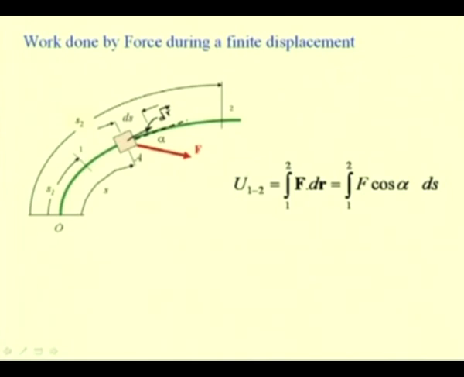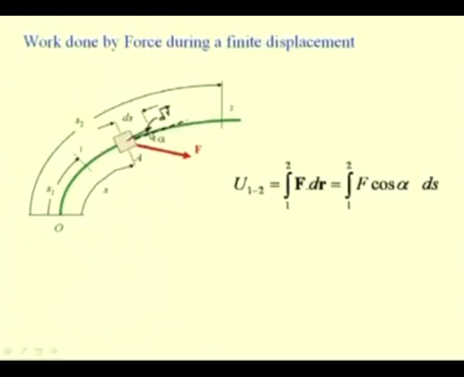We have the total work done between the position 1 and 2 as integral 1 to 2 F dot dr, and this we can write as F ds cos alpha, where alpha is the angle between these two vectors, that is dr and the force vector, and ds is the magnitude of this vector dr, or the incremental displacement along the path coordinate.